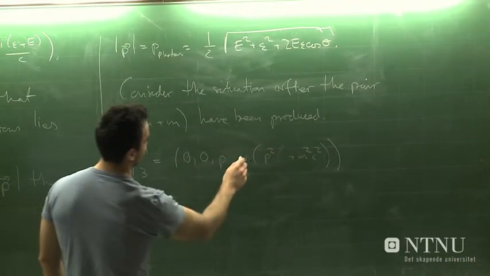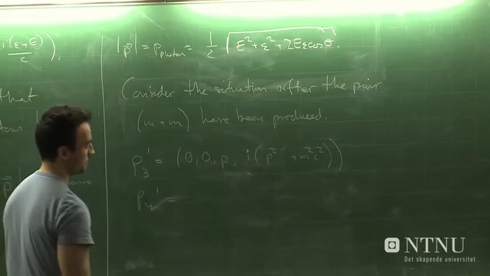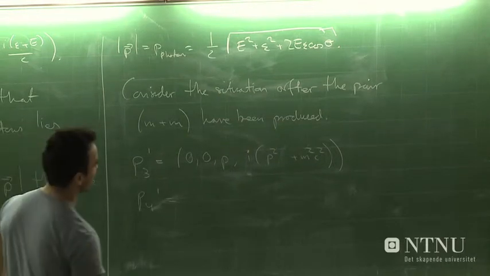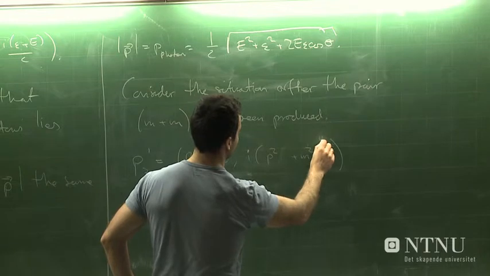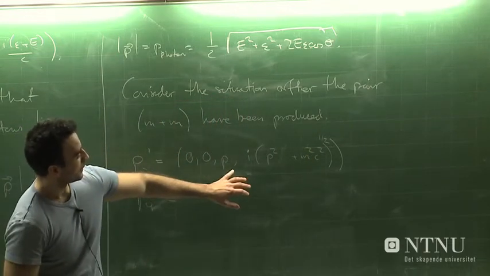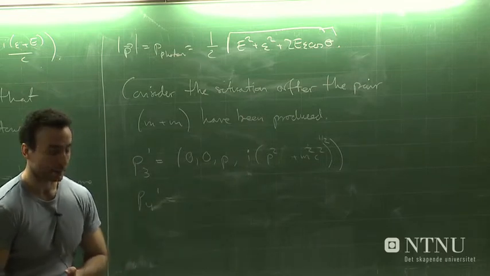Should have this form. And then 1/2 here to give the energy. So P3 is one of the particles with mass m.